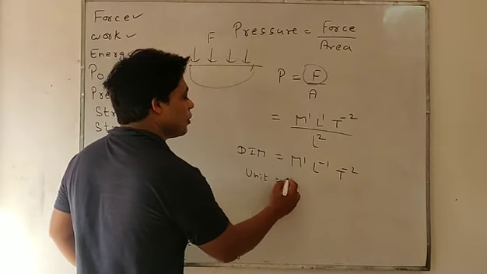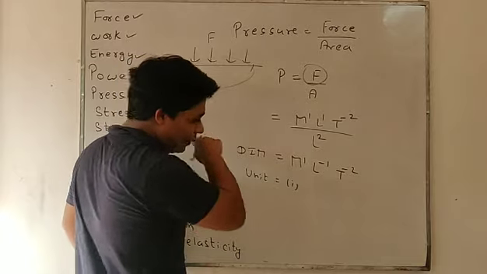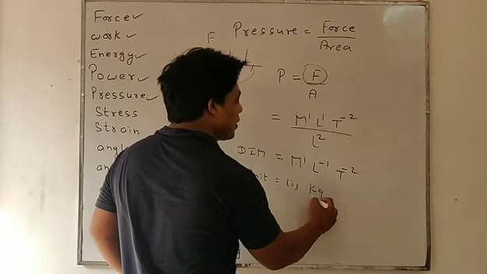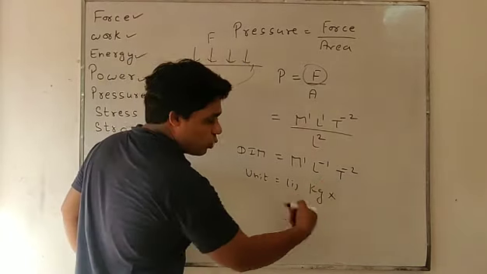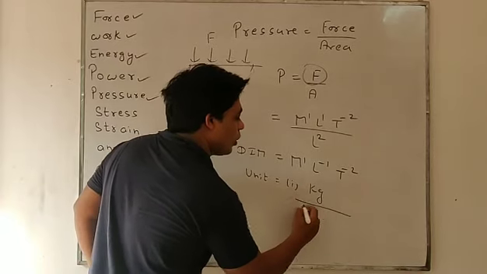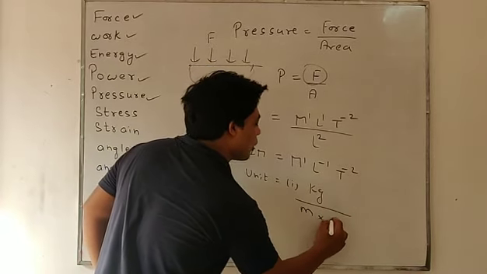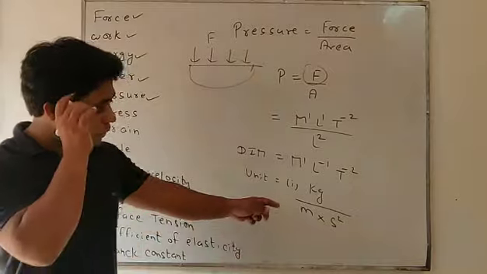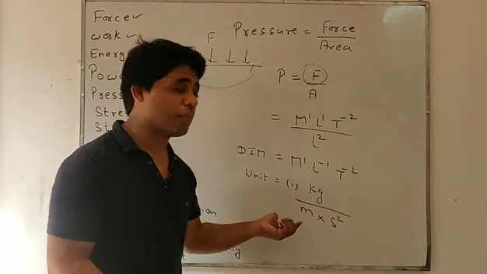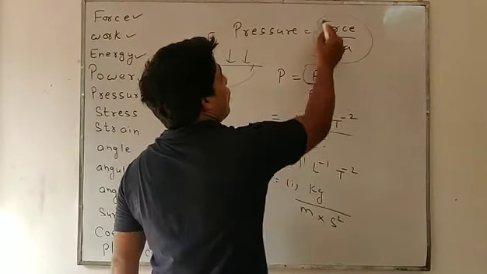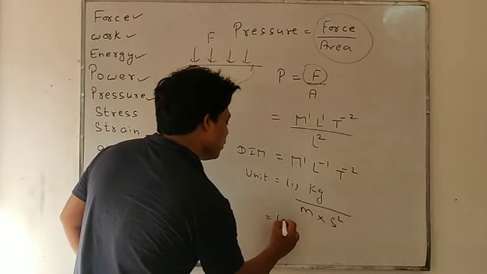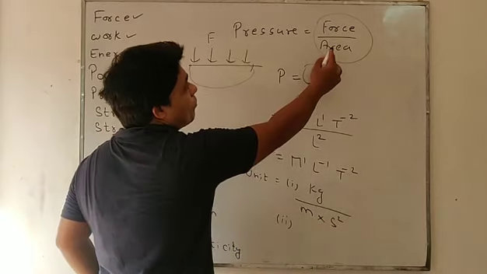And what will be its unit? First by this formula: mass in MKS is kilogram, minus terms always come in the denominator, for length meter, and for time second square. This unit I found by the dimensional formula. As I told, we can also find it by the initial formula.